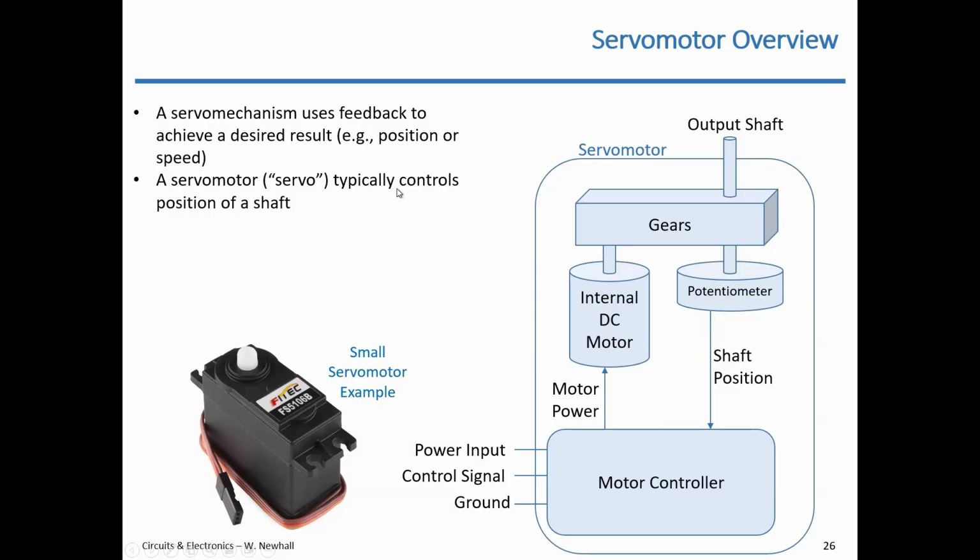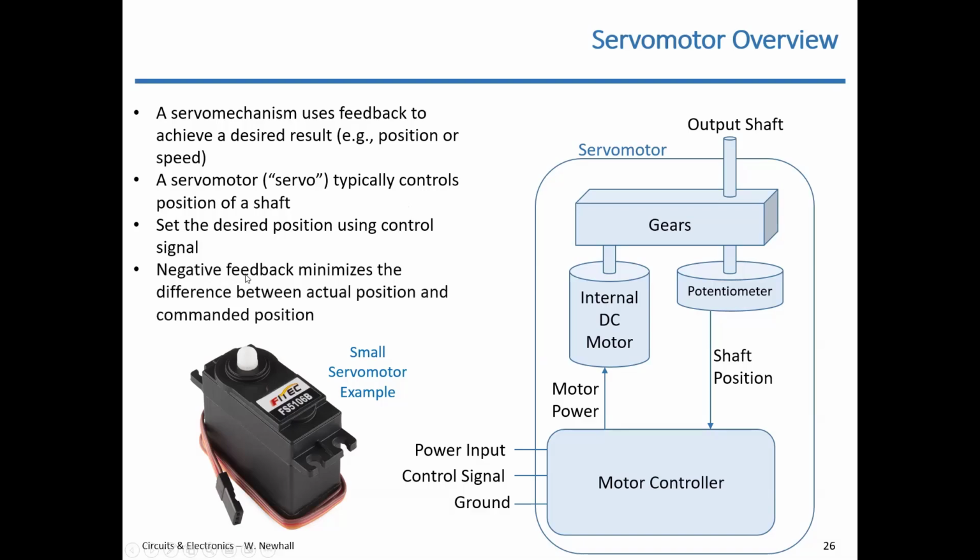A servo motor drives the error to 0, where error is the difference between a commanded position and an actual position. And you set the commanded position or the desired position using a control signal. Then negative feedback, just like an op amp, tries to drive the difference between the actual position and the commanded position to 0.